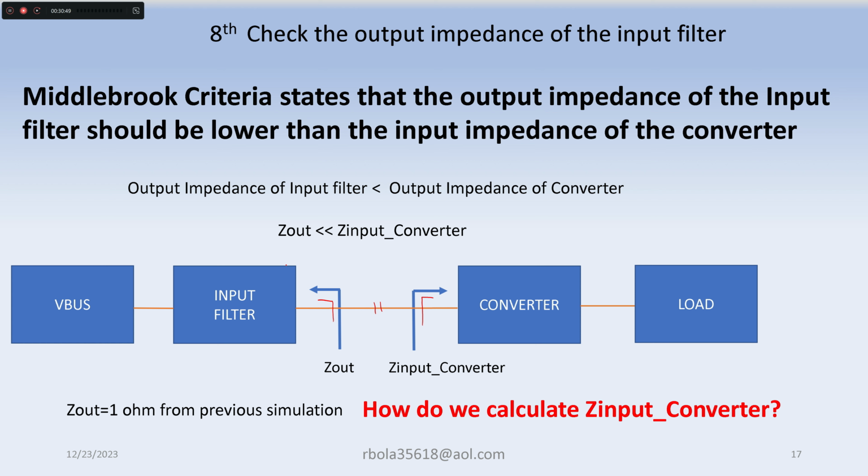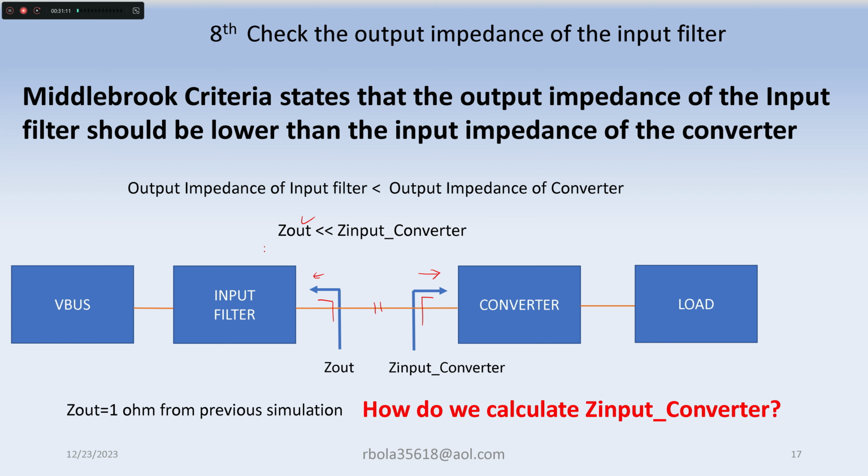The output impedance of your input filter has to be much less than the impedance looking into your converter. So that's basically the Middlebrook criteria.